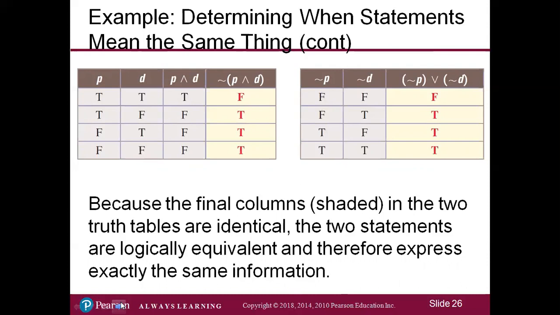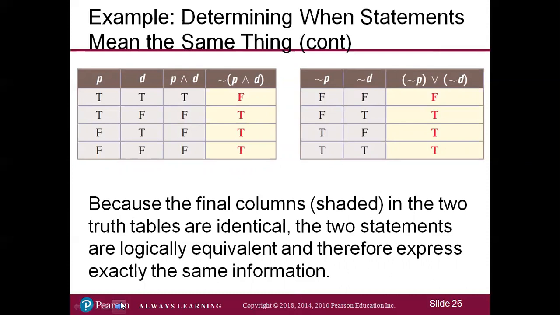Now, secondly, we look at the negation of P and the negation of D, keeping the structure the same as the original table. If P is TTFF, then not P is FFTT. If D is TFTF, then not D is FTFT.